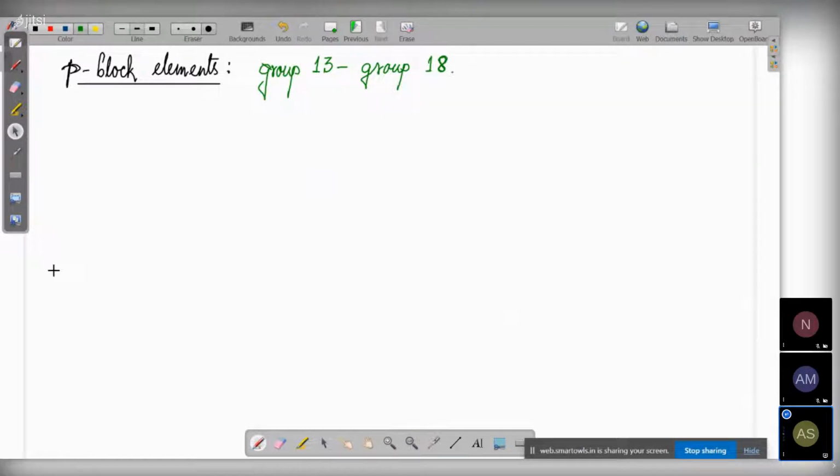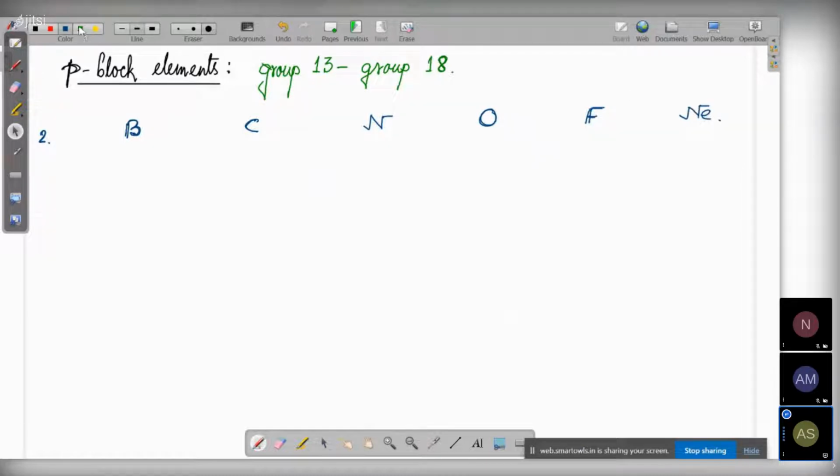So let's write down the configuration of the P block elements. Let's see period 2. What are the elements of period 2 in the p block? It is basically boron. After boron, you have carbon, then nitrogen, then oxygen, then fluorine, then neon.